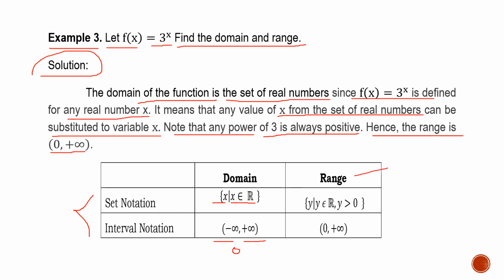For the range, since there is no point of intersection between your x-axis and your graph, meaning to say that the y values, or your range, should be greater than 0. Even if y is an element of all real numbers, there is a given condition that y should be greater than 0 all the time.